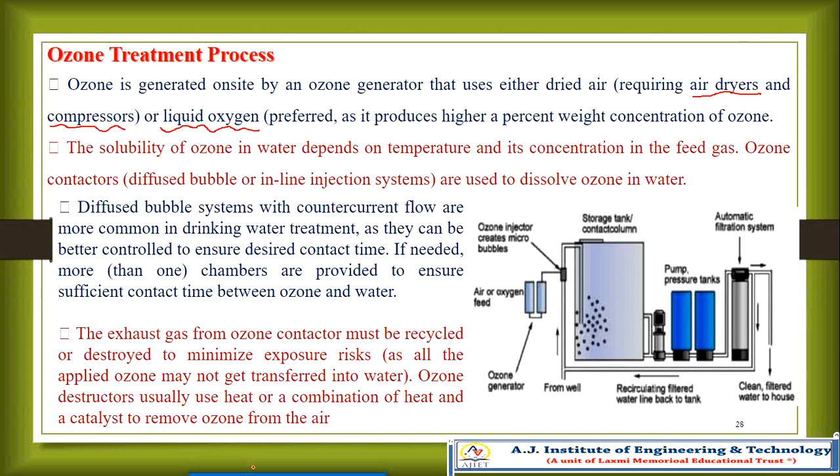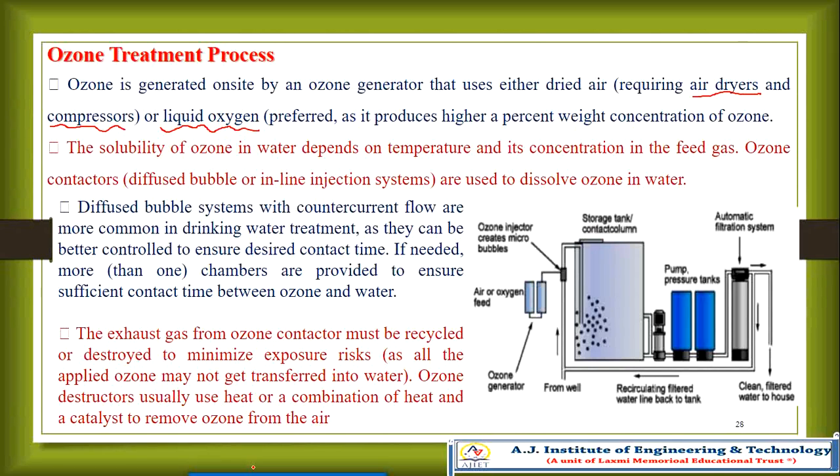The exhaust gas from the ozone contactors must be recycled or destroyed to minimize the exposure risk, as all applied ozone may not get transferred into the water.